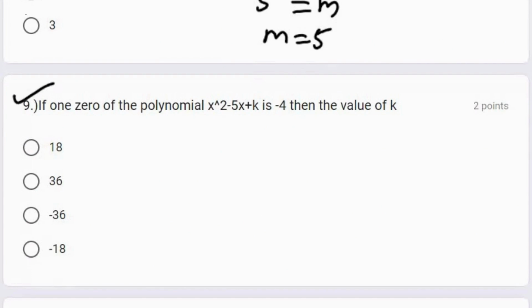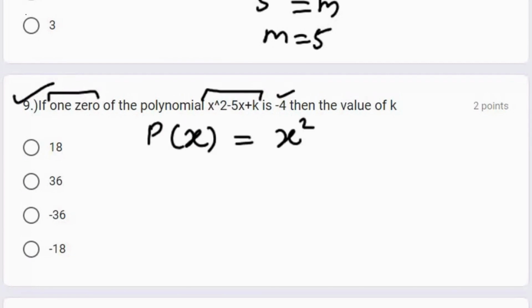Coming to ninth question. If one zero of this polynomial is negative 4, we are supposed to find k. If one zero is given, then you see we are given the polynomial in x, which is x square minus 5x plus k. So one of the zeros is negative 4. So zero means value of x.